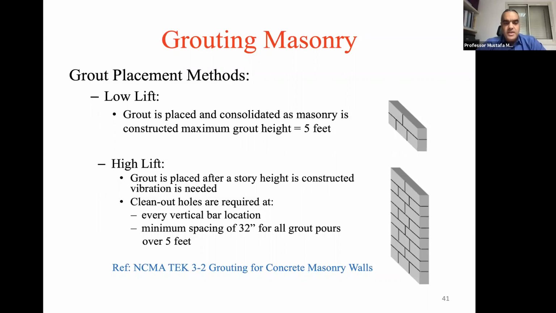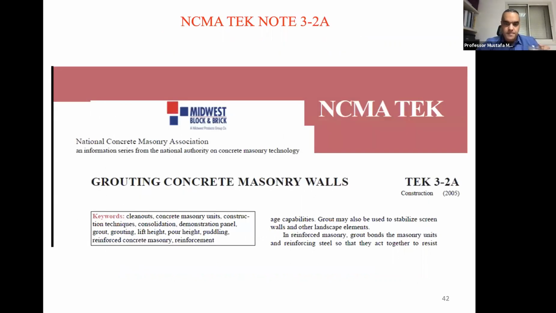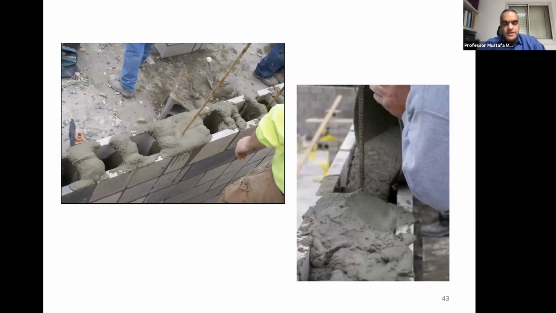So for this, NCMA Tech Note 3-2, grouting for concrete masonry wall. There's a lot of good information about grouting there. That's the technical note. Okay. And that's grouting. So you can see where we have the rebar. It looks like this is low lift grout. So you can see where we have the rebar, we fill that with grout.